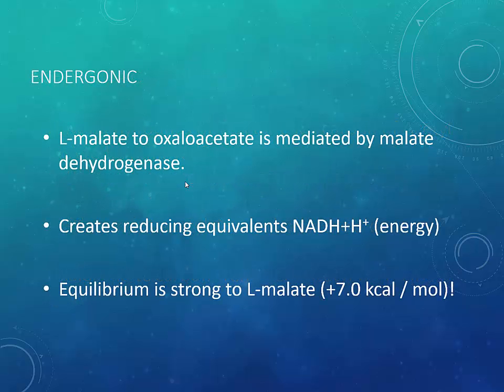So we do have a very strong endergonic reaction in this system. L-malate to oxaloacetate is mediated by malate dehydrogenase. We know that. But while we do get NADH, which is going to be consumed, this reaction actually favors malate. It's one of the reasons citrate synthase pulls the system forward. If citrate synthase was not as strong as it is, then the endergonics of this reaction could actually pull the TCA cycle backwards.